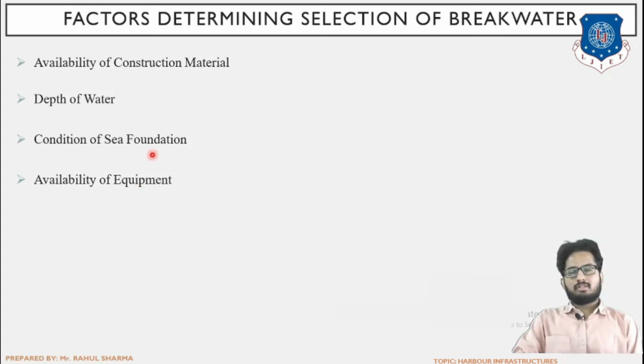Talking about this further in the upcoming topic, we will be studying the various types of breakwater. Those various types will transfer different loads. In some cases, when a high amount of load is transferred, the sea foundation has to be rock solid for sustaining that load.